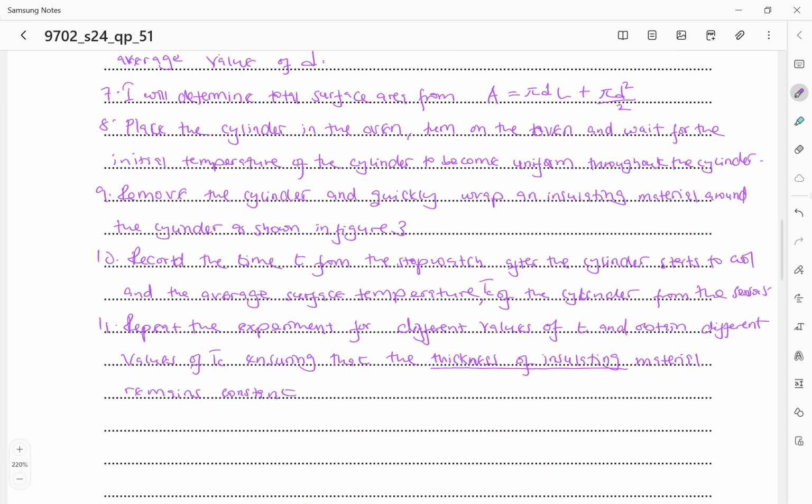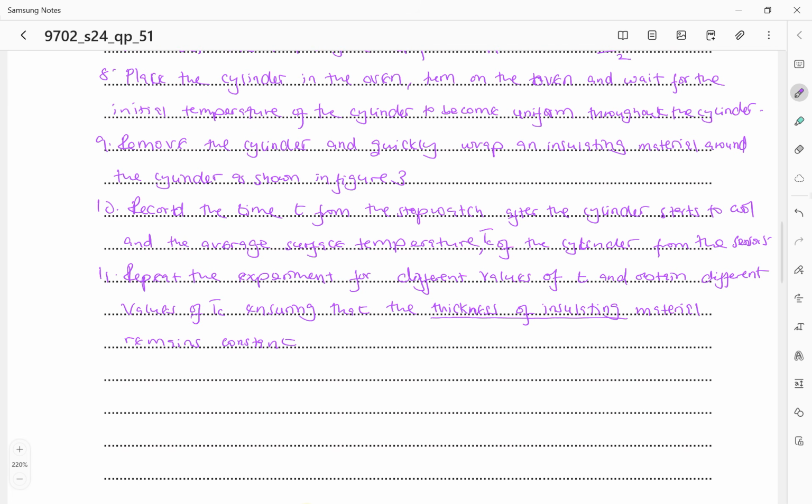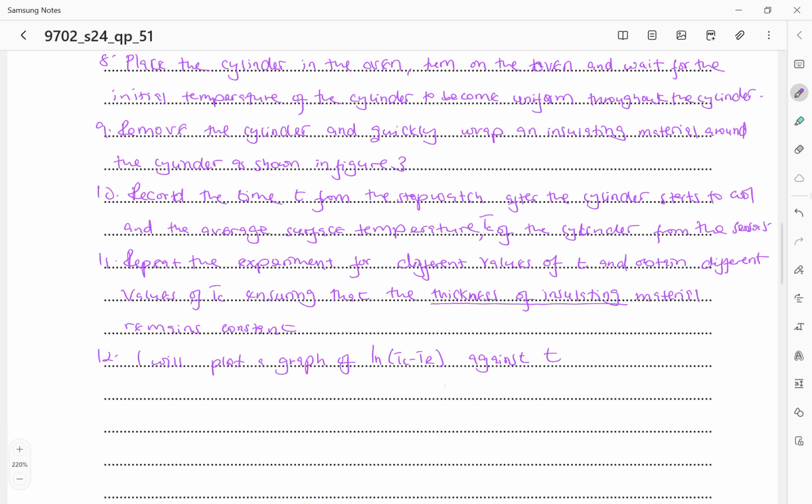So if you have several values of TC and t, then the 12th thing is plotting a graph. I will plot a graph of ln of TC minus TR against t.